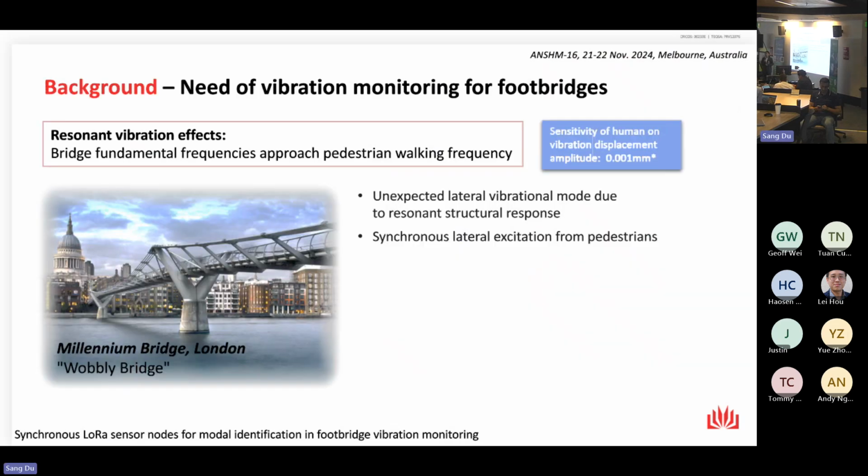I'll begin with a real-world example about a suspension footbridge in London, and talk about the necessity of having monitoring systems on footbridges.